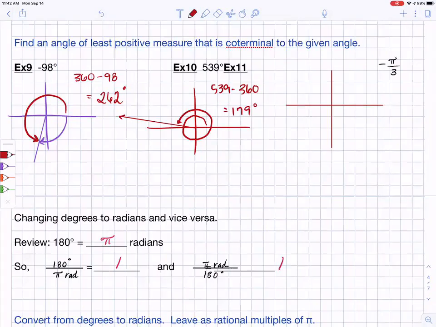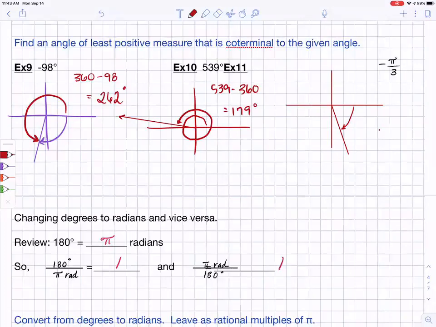Clockwise, two pieces, because it's negative. The regular pi over 3 is counterclockwise, two pieces. Okay, so we're going to go roughly around here. All right, now what is the angle that is coterminal to negative pi over 3? You're looking at your unit circle. This shouldn't be very difficult.